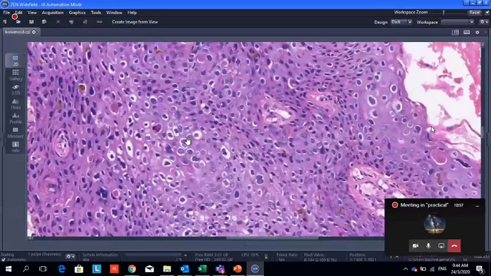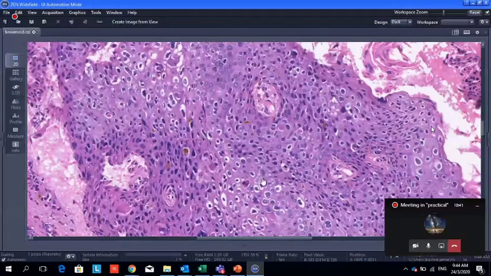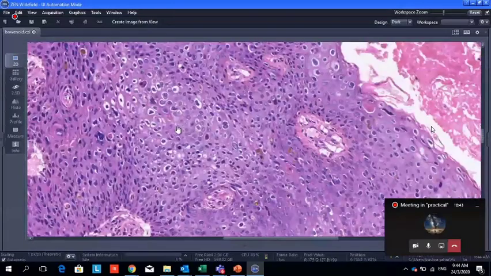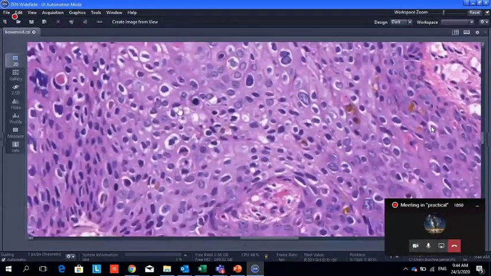What else do we see? Then we can see the cytological change. What happened to the cells? Is it normal? No. What can we see? Polymorphism, hyperchromatic nuclei.